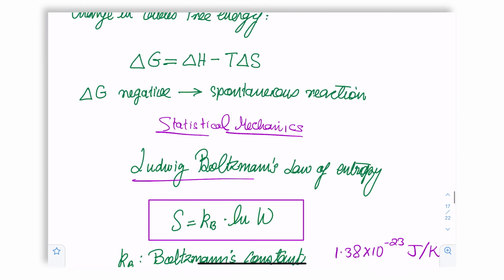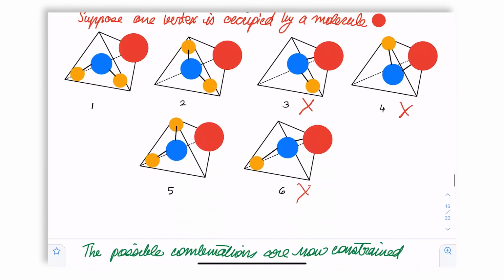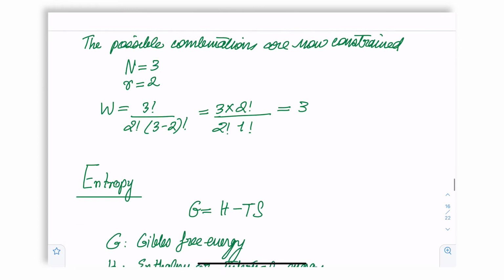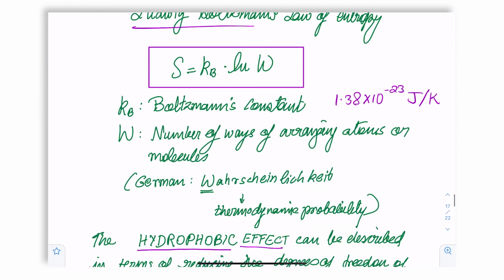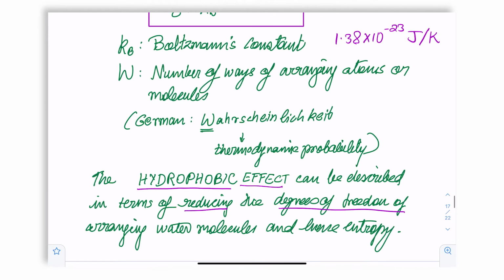So you remember we began this segment with hydrophobicity, and we're going to ask how hydrophobic effects can be put in terms of thermodynamics. In this particular case, we spoke about the degrees of freedom.